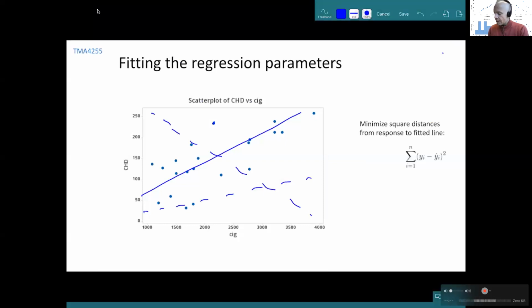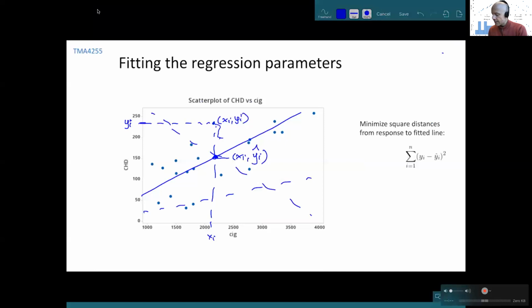So this is now a data point. This is xi, and this is yi. Whereas this point, what's that? This is for the same x, but here we have a prediction that we will call y hat i.